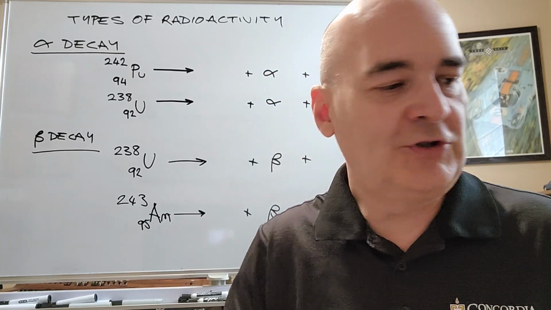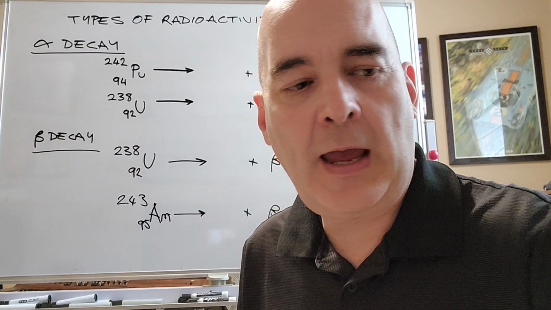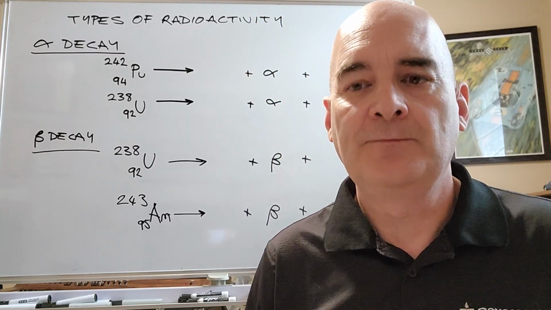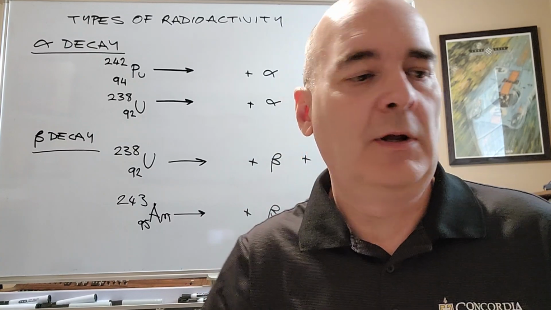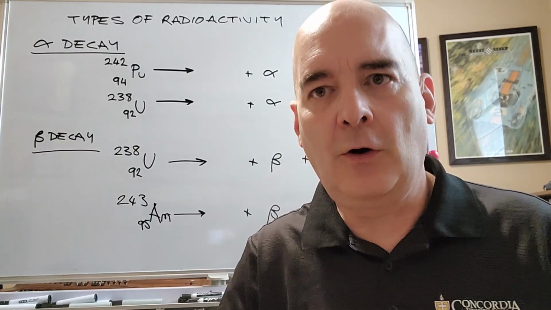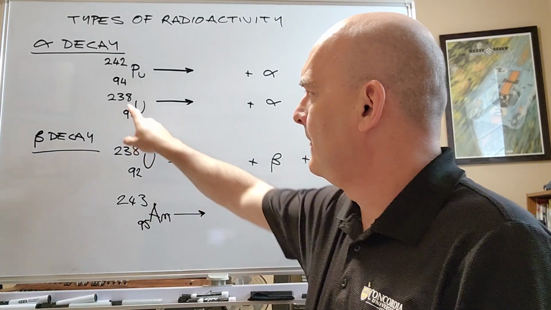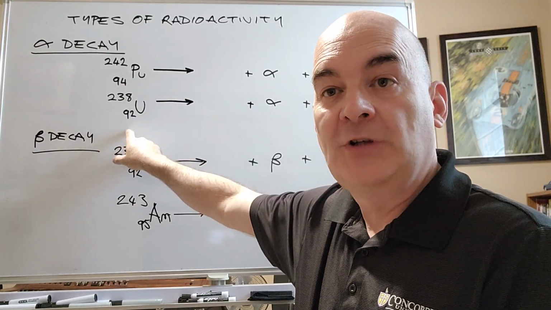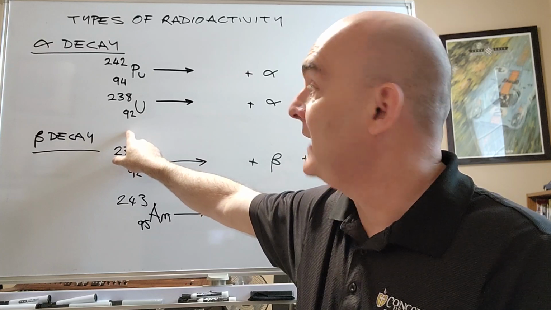Well, there's something in chapter 2 that we've skipped over, and that is radioactivity. Now it does fall back on a knowledge of mass number and atomic number. Atomic number is the number of protons in an atom.